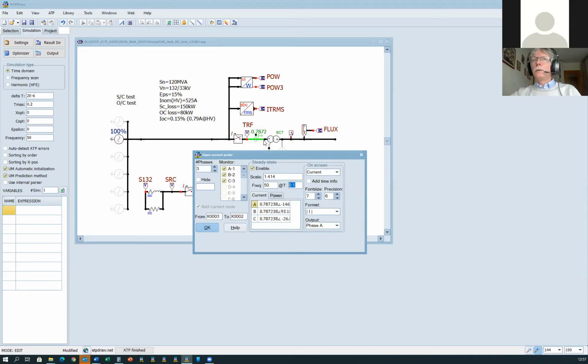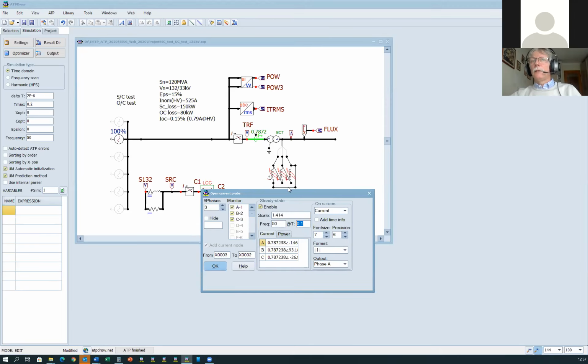And as you know, if you have nonlinear elements, the steady state initialization is not 100% perfect. Only the linear part of nonlinear inductances is considered in the steady state at 0 time initialization.